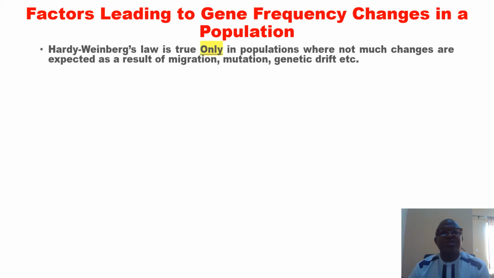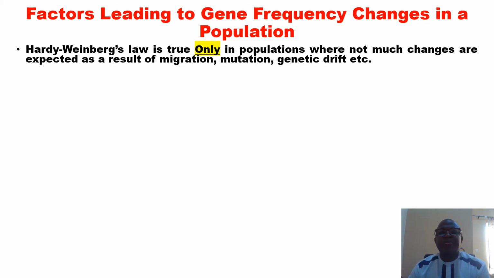So there are factors that can lead to gene frequency changes in a population, and that is our next focus. The Hardy-Weinberg law is only acceptable where you don't expect much change in the population.